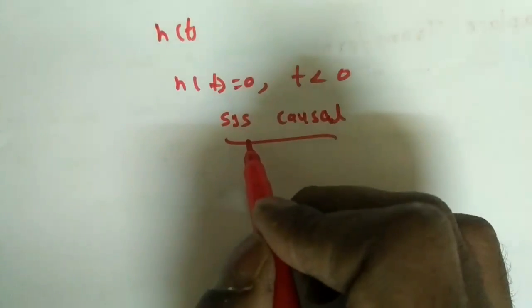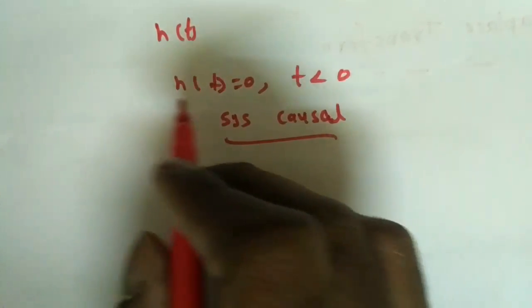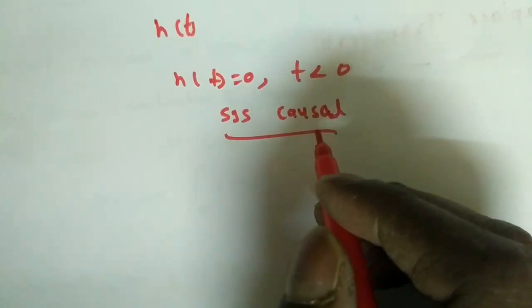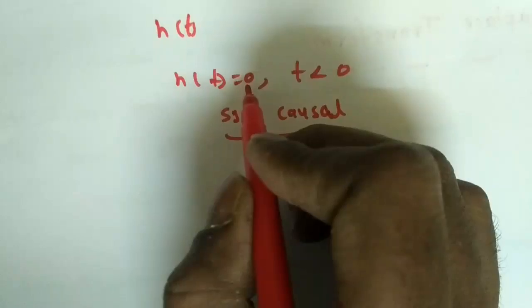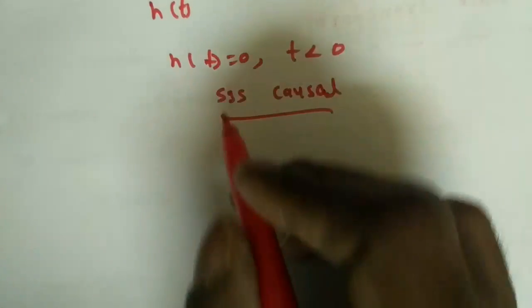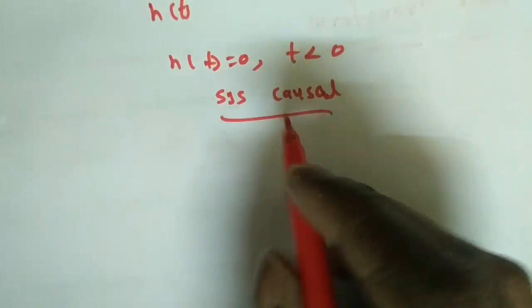The reason is it should not anticipate future values; it should be non-anticipating. That is a causal system. So only for causal systems we get h of t equal to 0 for t less than 0. If h of t is not equal to 0 for t less than 0, it is a non-causal system.